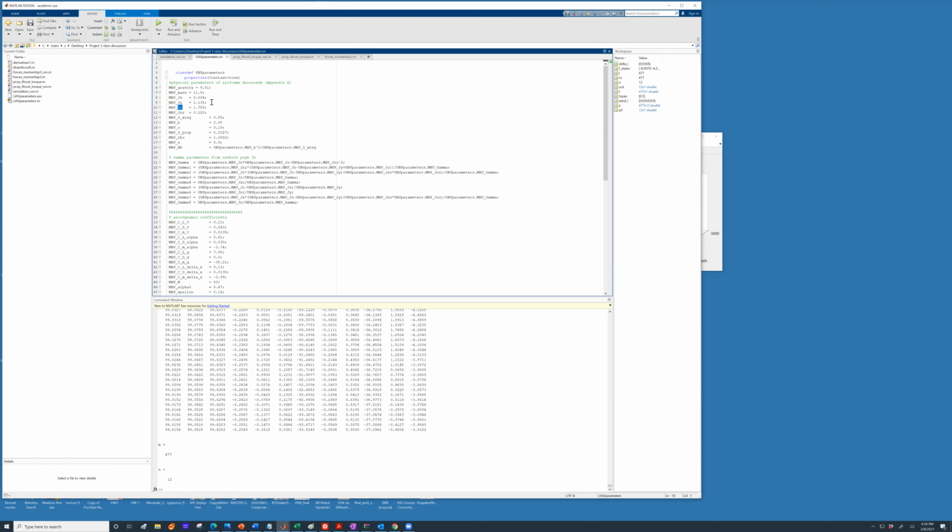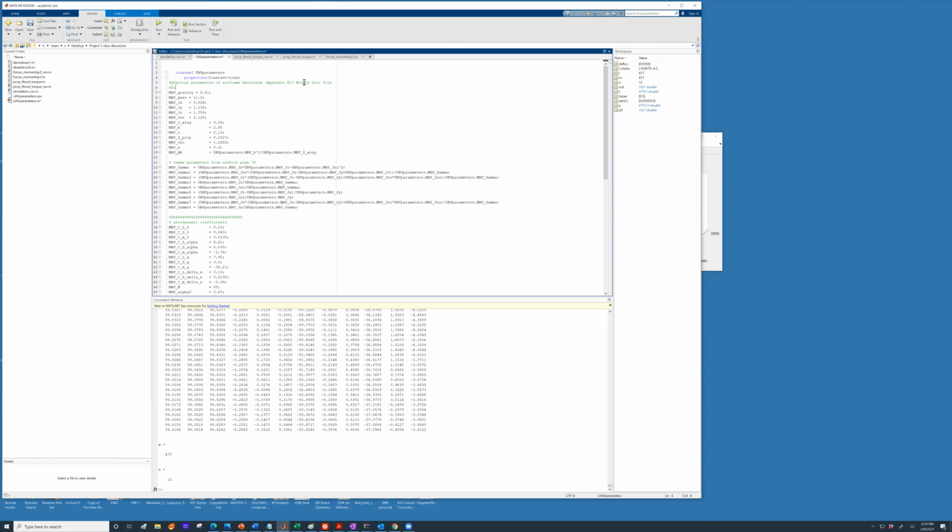All these properties come from Appendix E. You used similar properties for Zagi. So what I'm going to do here is show you the simulation for this aerosonde, and I want you to modify this file for Zagi.